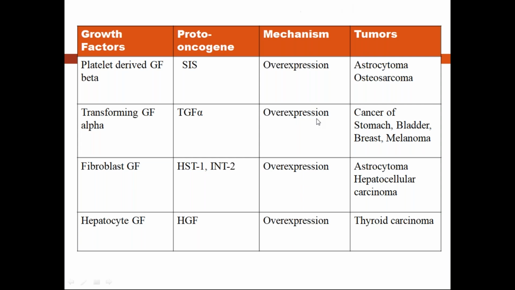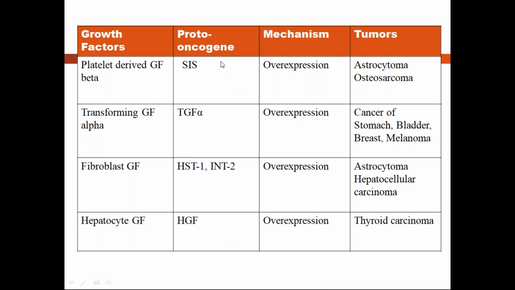Either there can be overexpression, or in some cases the mechanism is point mutation, or in some cases it is translocation. You need not remember which growth factor is overexpressed, which is translocated, or which undergoes point mutation. You just generally mention these three mechanisms, but the predominant mechanism is overexpression.